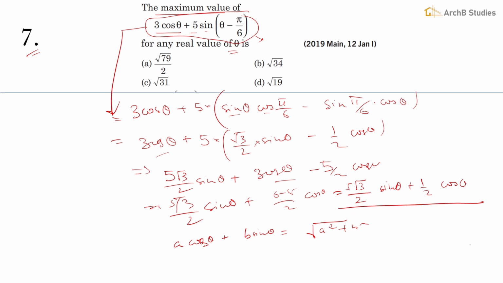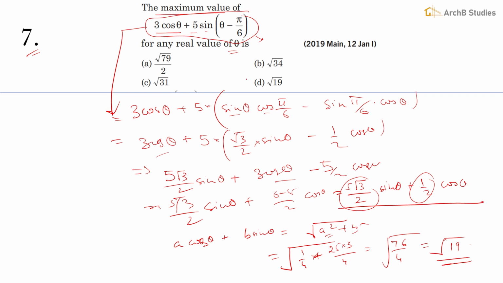Similarly here, over here a is this and b is this, so a square, that is 1 by 4, plus b square, that is 25 into 3 upon 4, that is 75, plus 1, 76, divided by 4, under the root. This will be equal to root 19. So this is the correct answer.